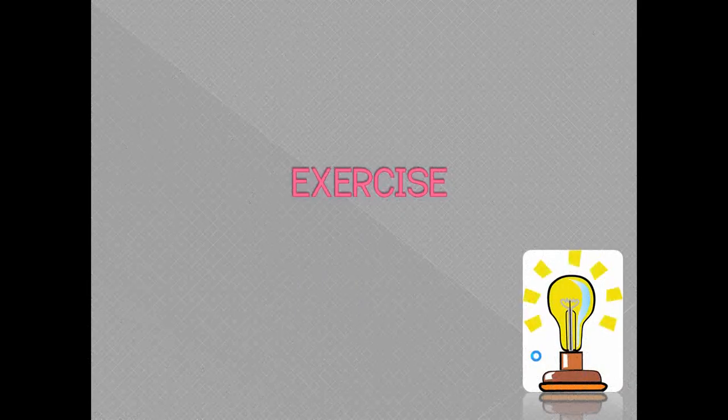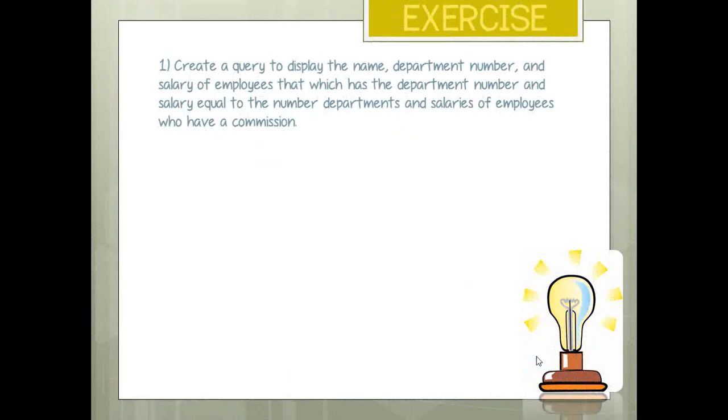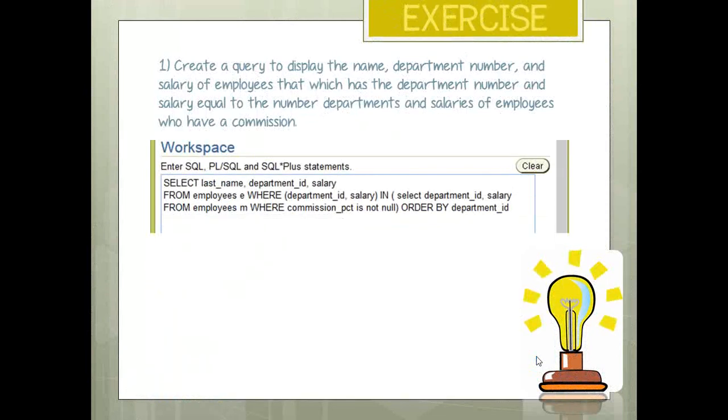Exercise. Yes, we have come to the exercise. Create a query to display the name, department number, and salary of employees whose department number and salary are equal to the department numbers and salaries of employees with a commission. Here is the answer.